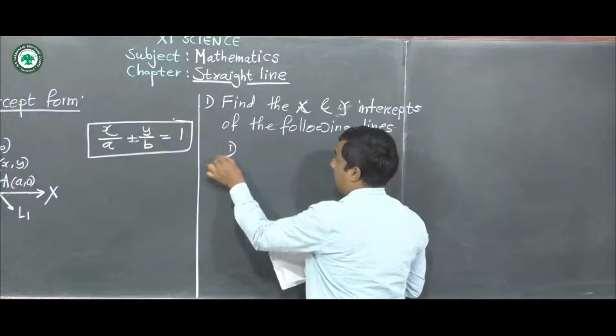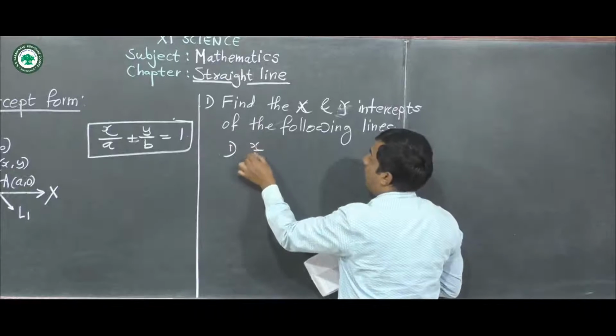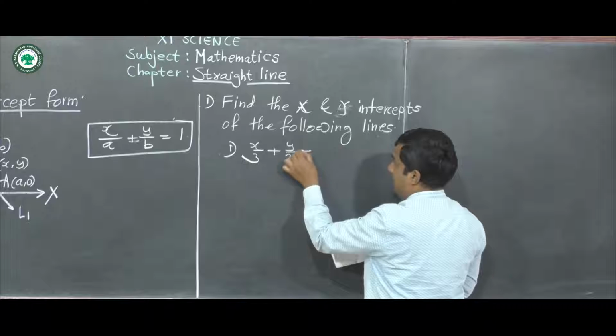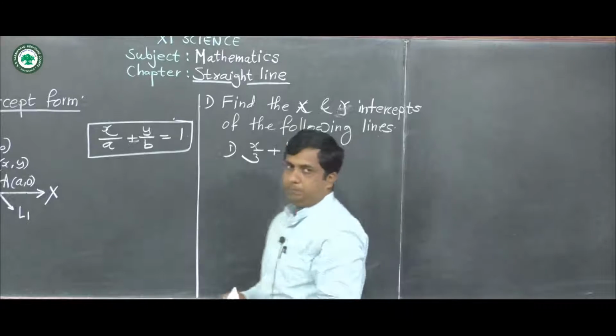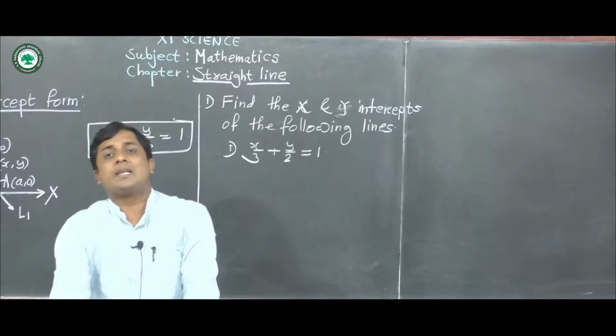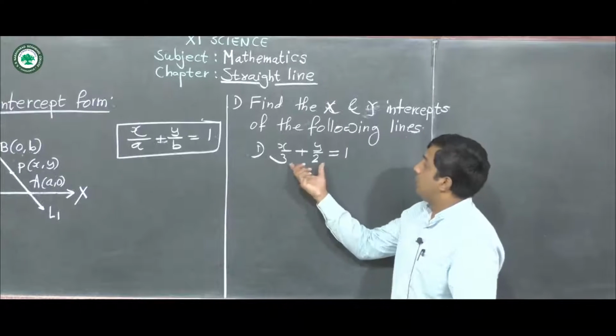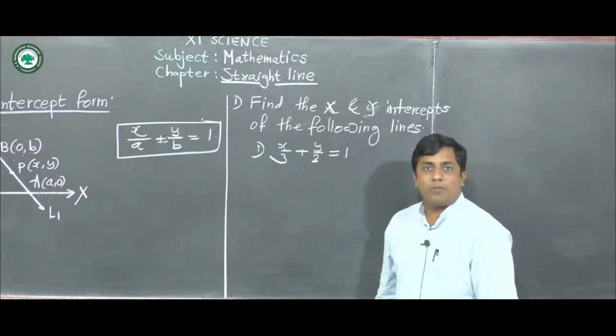In the first, given x upon 3 plus y upon 2 is equal to 1. In this example we have to find the x and y intercepts using this equation of line.